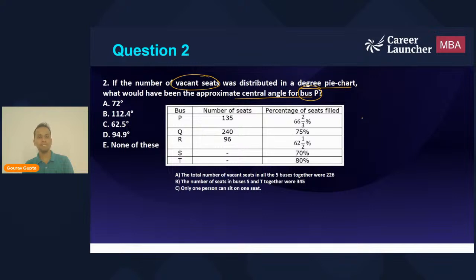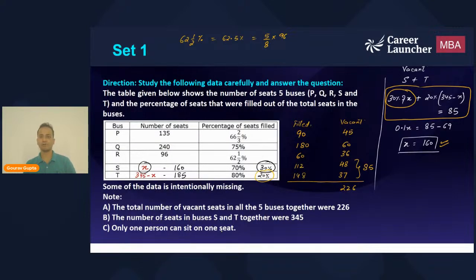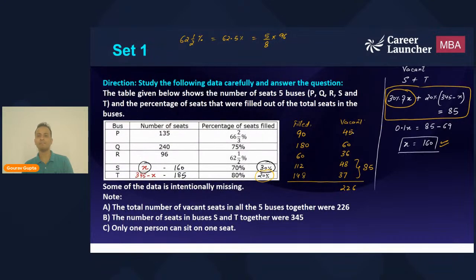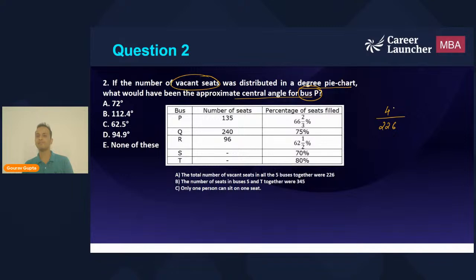So bus P, number of vacant seats. First of all, I will look at the total number of vacant seats. Total number of vacant seats is 226. Now out of these 226, the number of vacant seats in bus P is 45. So 45 out of 226, right?